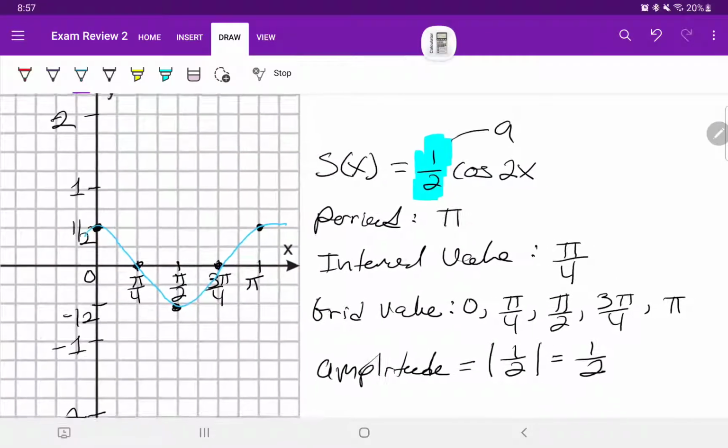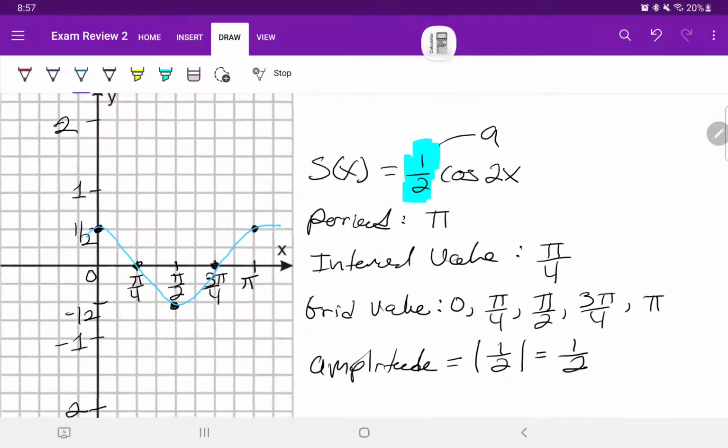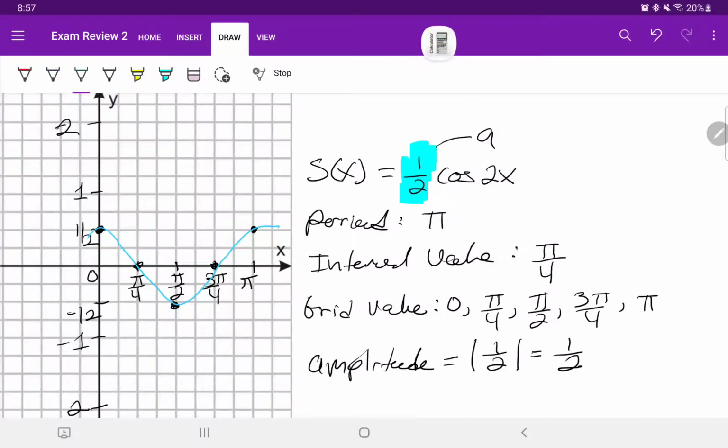And that is how you are sketching this function. Like I said, it has the amplitude from section D with the period, the interval values, and the grid values from section E.